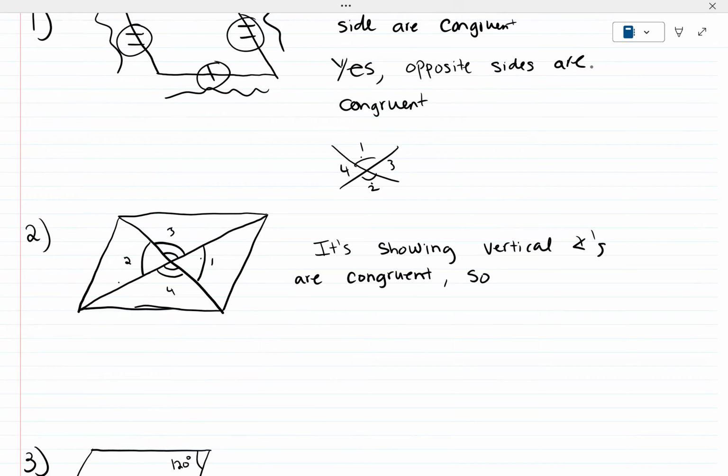So no, it's not in our list, so it could be any type of quadrilateral.